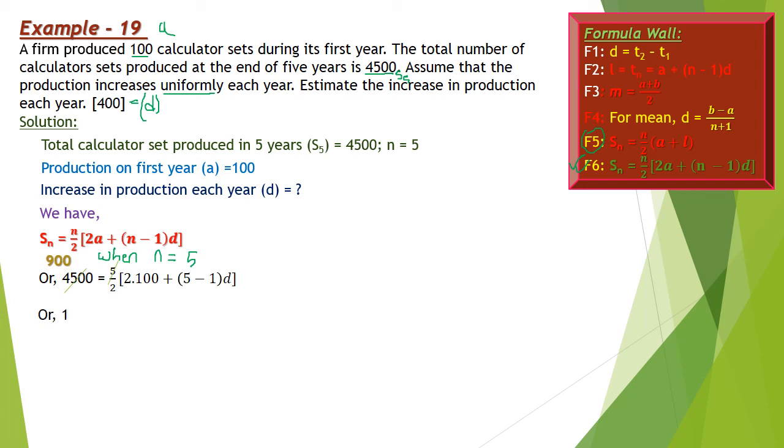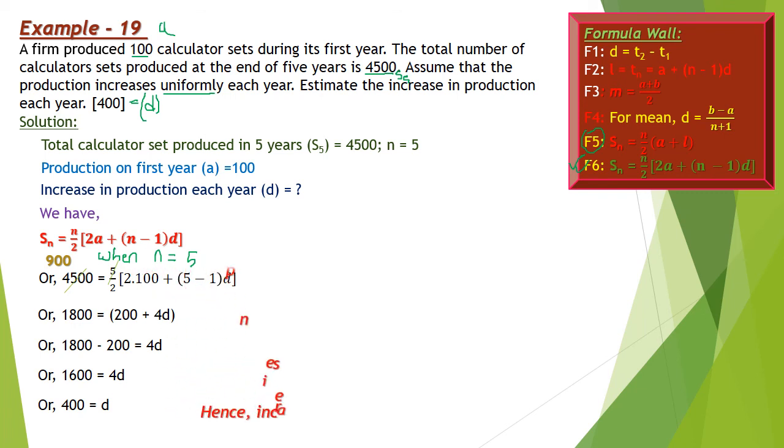900 into 2, that is 1800, equal to 200 plus 40. Now we can easily find the value of D. 1600 equal to 40, so 400 equal to D. Hence, the increase in production each year is 400 calculators.